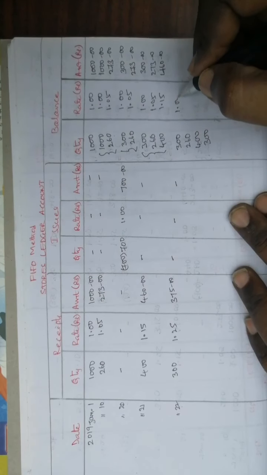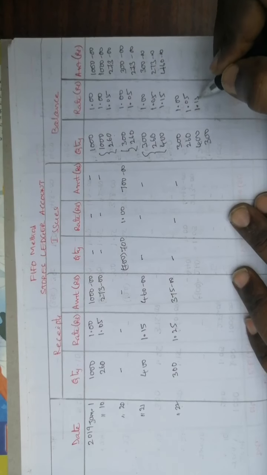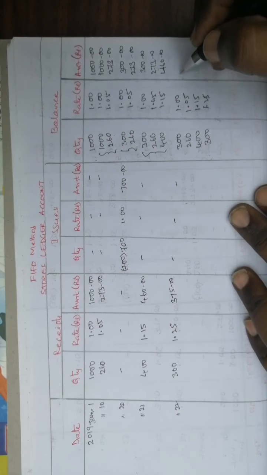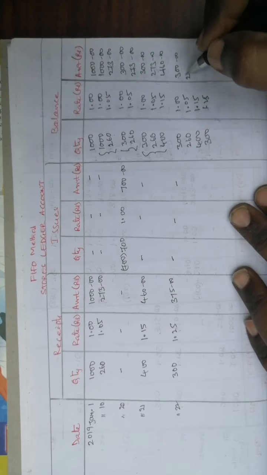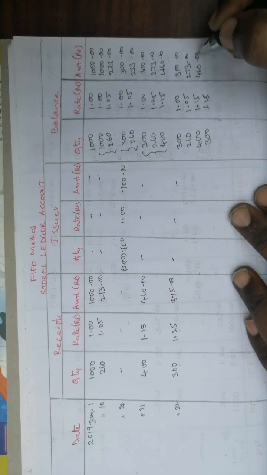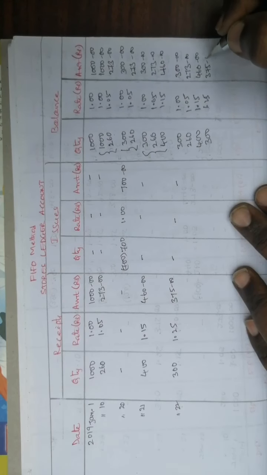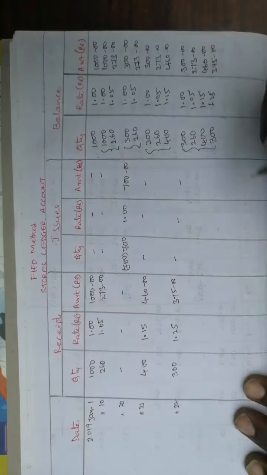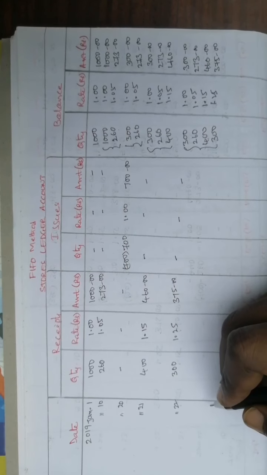So 1 rupee is the rate for the first, 1 rupee 5 paisa for the second, 1 rupee 15 paisa for the third, and 1 rupee 25 paisa for the just purchased units, whose values are 300, 273, 460 for the third receipt, and 375 for the just purchased. Now there are 4 different types of units available with different unit rates.